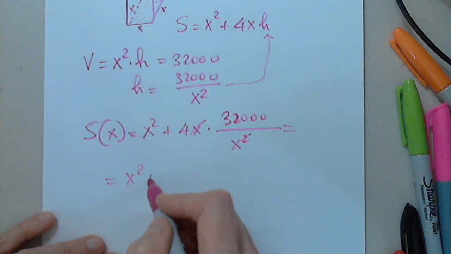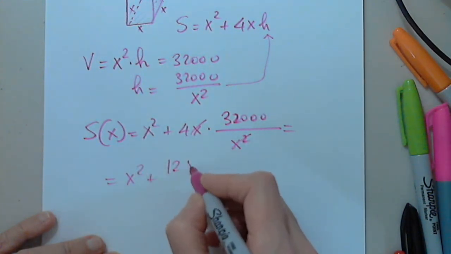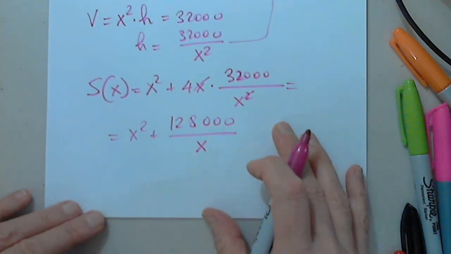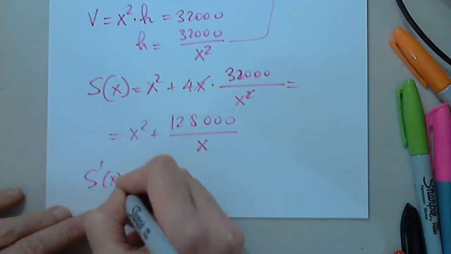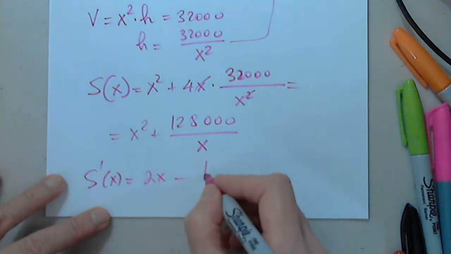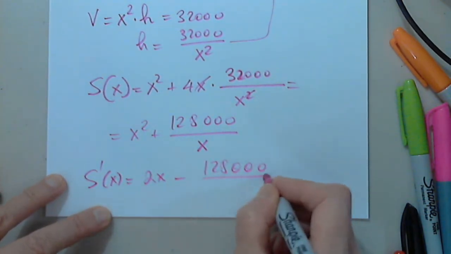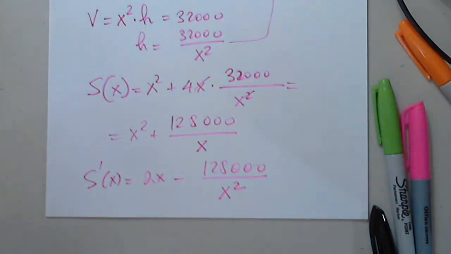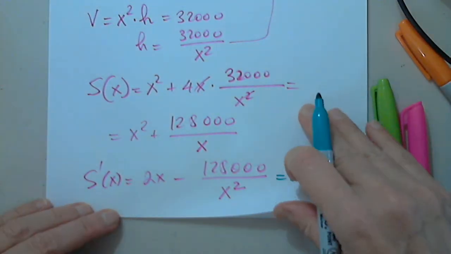I will simplify an x. So then I have x squared plus 128,000 over x. So we have the derivative 2x minus 128,000 over x squared. Then we set this equal to 0.